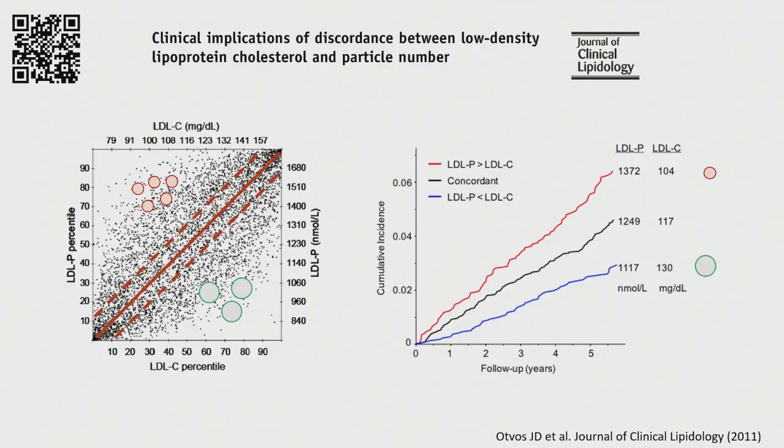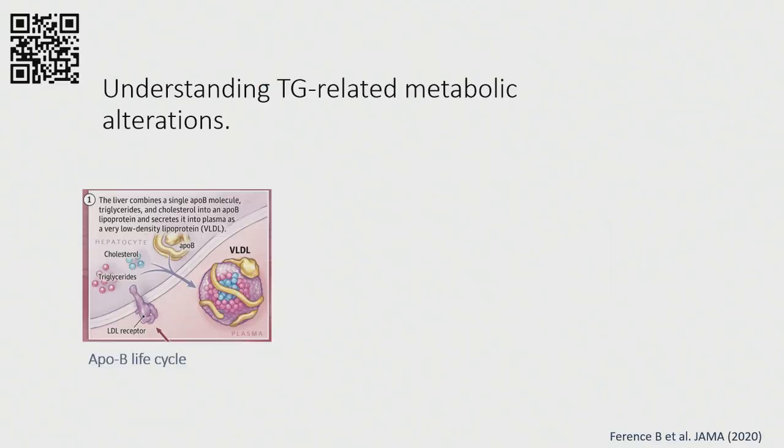And how are these smaller particles produced? What happens to give this pattern of smaller particles? Triglycerides have a very important role in this process. If we think about an ApoB-containing particle since it is born, our liver is constantly producing the ApoB protein.